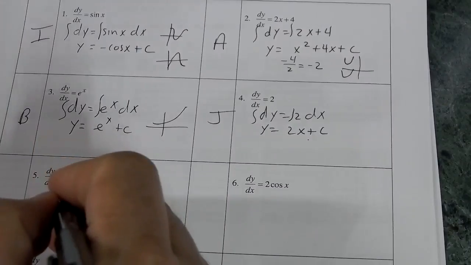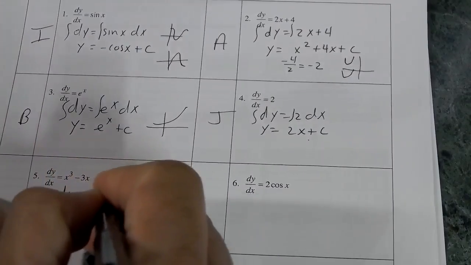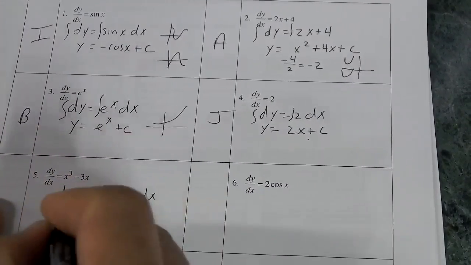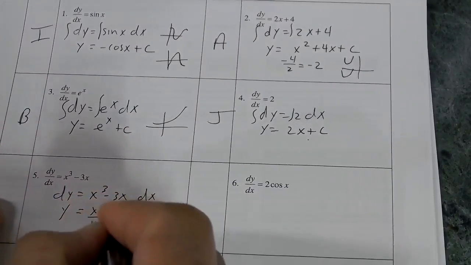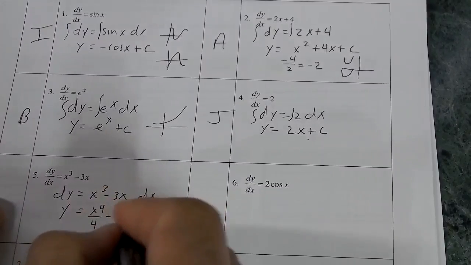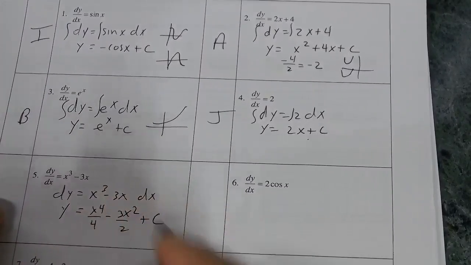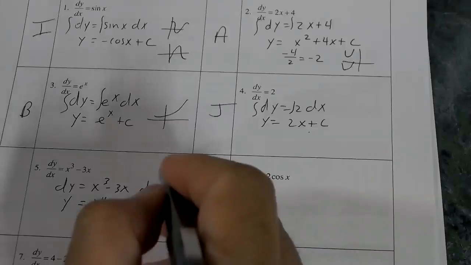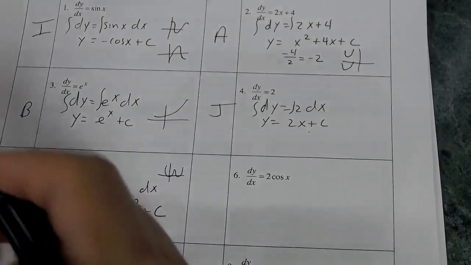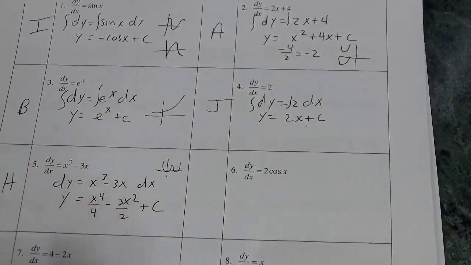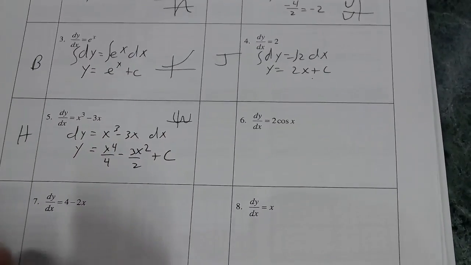So if I separate here, we get x cubed minus 3x dx. We get y equaling x to the fourth over 4 minus 3x squared over 2 plus c. X to the fourth is a W curve, kind of, and you should see that with the letter H. Number 6.